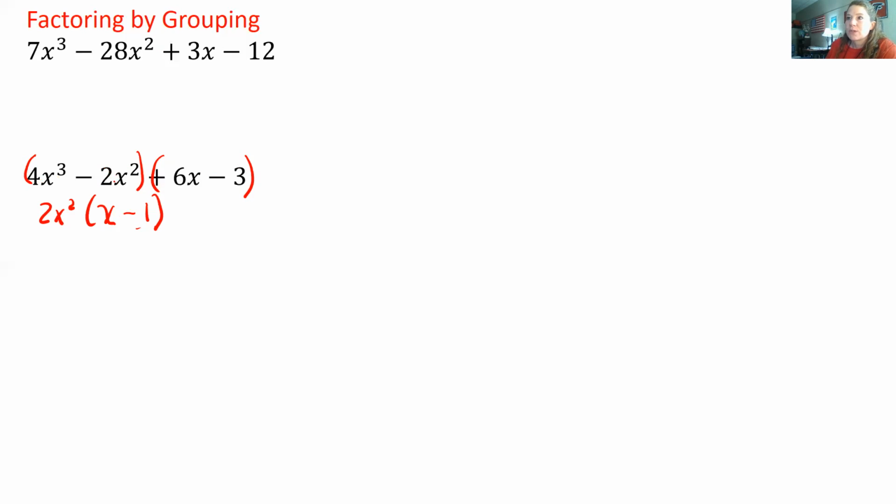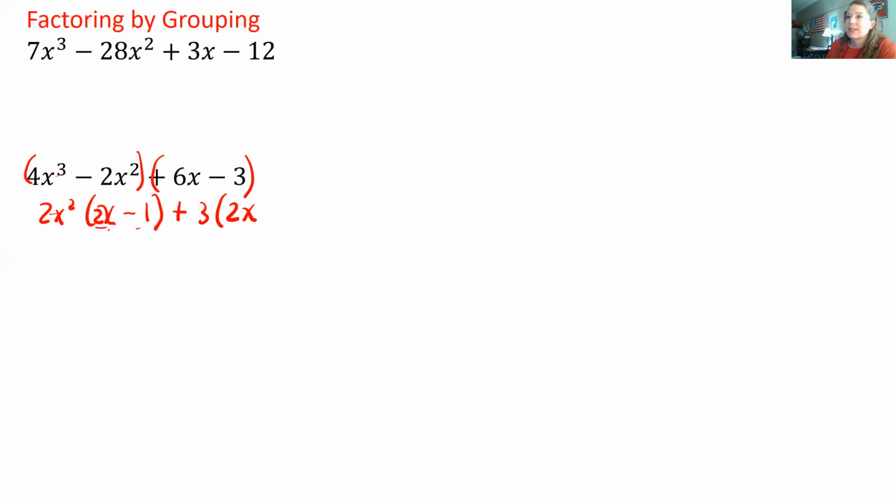So x minus 1. And then this one, I'm going to pull out a positive 3, right? So 6x divided by 3 is 2x. Oh, I'm sorry, guys. 4x to the third divided by 2x squared is 2x, sorry. I noticed that because usually you want your parentheses to match.